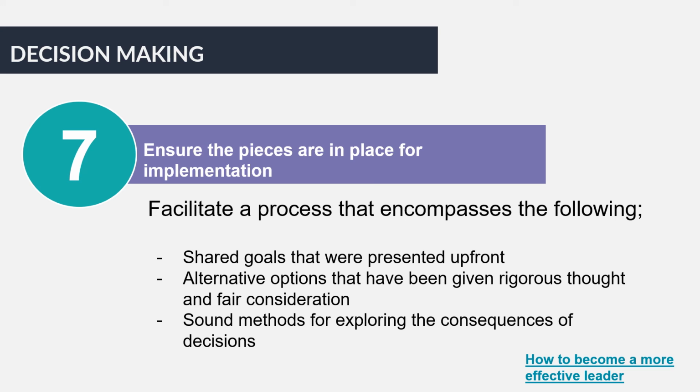Another factor to think through when making a decision is ensuring the pieces are in place for implementation. What do we mean? Firstly, you have to ensure that there are shared goals that were presented upfront, and you have assessed them, and you're choosing the right goals to include in the final stage. Also, look at alternative options that have been given rigorous thought and fair consideration.